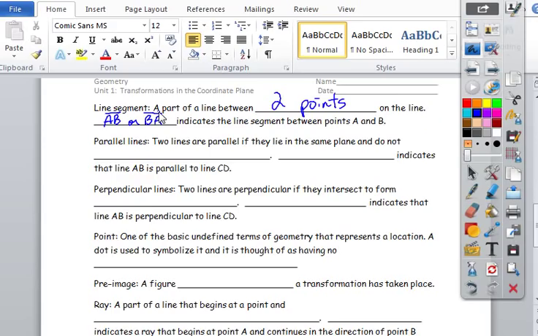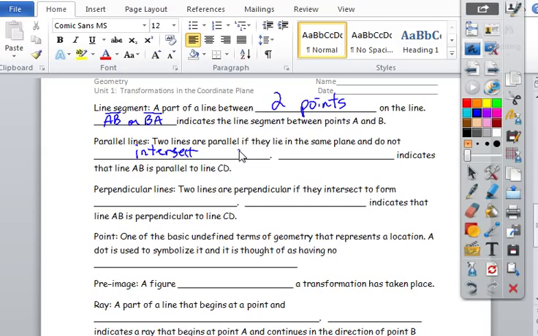Parallel lines. What do we know about parallel lines? They're always the same distance apart. Which means they never touch. They do not intersect. They do not intersect, do not touch.